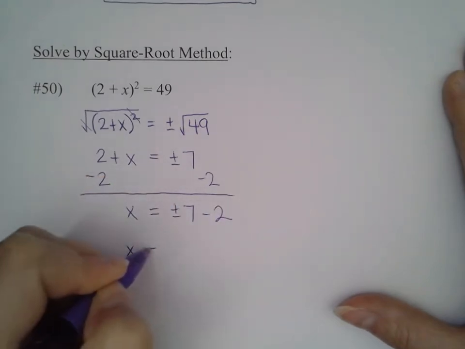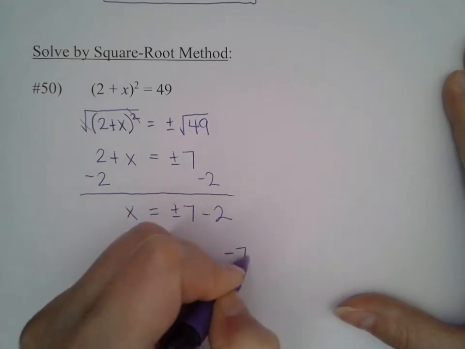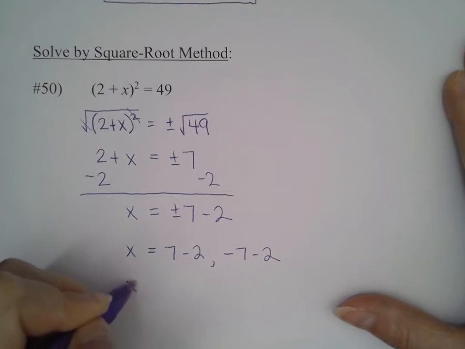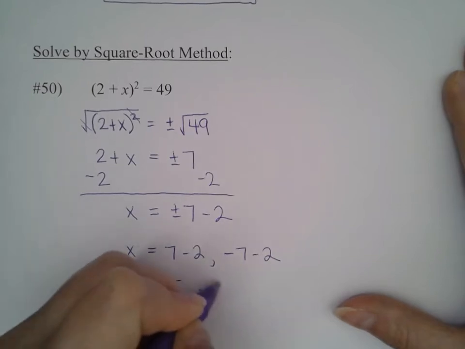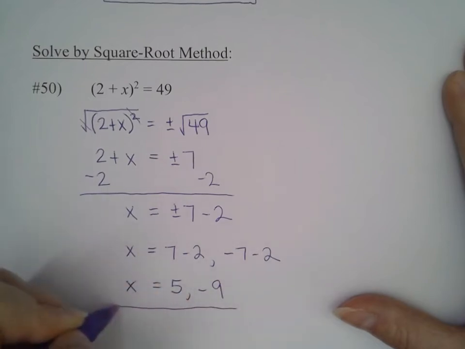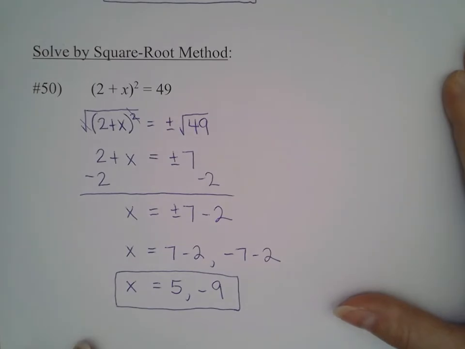So I get two answers here. I get 7 minus 2, and I get negative 7 minus 2. So that's going to give me 5 and negative 9. Okay, so this is the square root method.